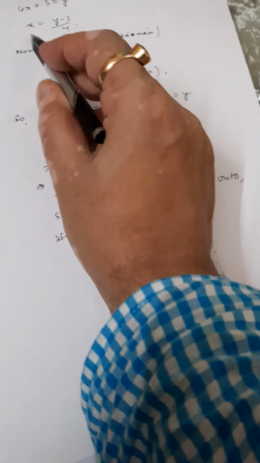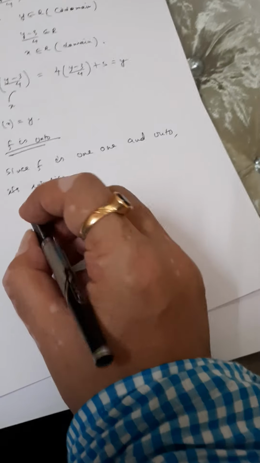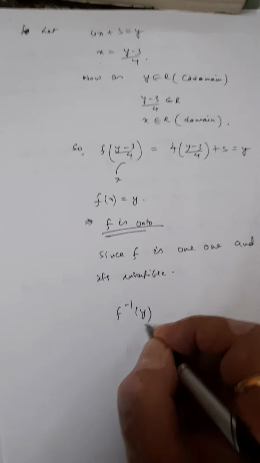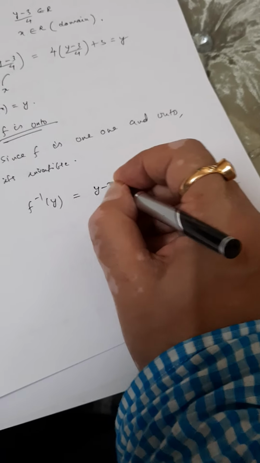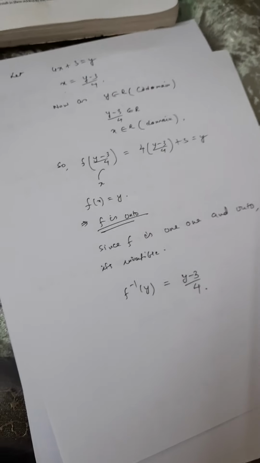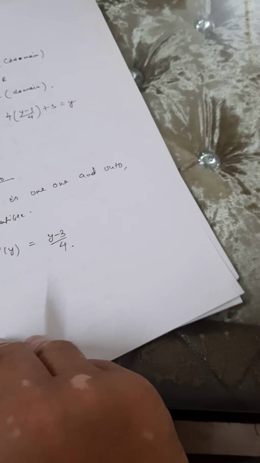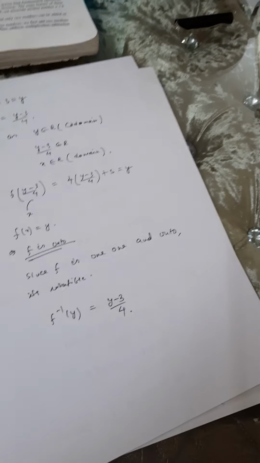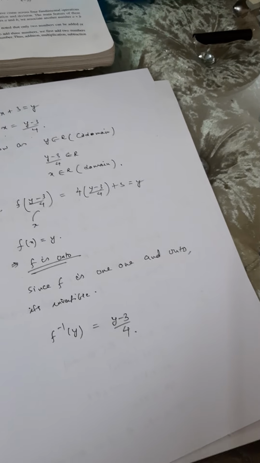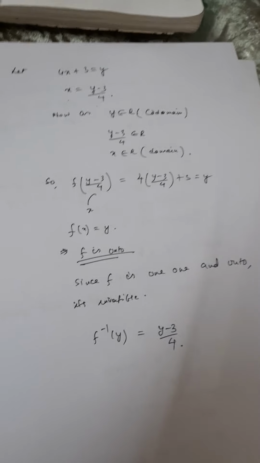What is the inverse? x is (y minus 3) by 4. So you can write f inverse of y directly as (y minus 3) by 4. So that is the inverse of the function f. See, this is one method. Now for another method, I will use the method of composite functions, and I will show you how to get the inverse of that function.